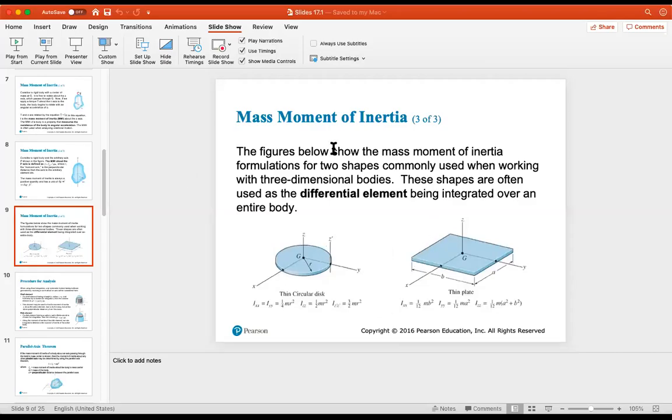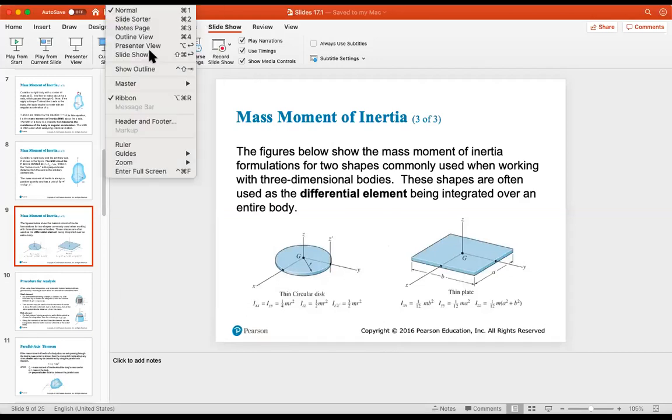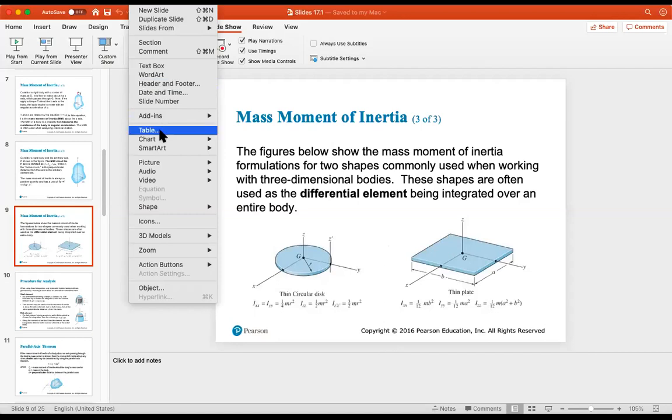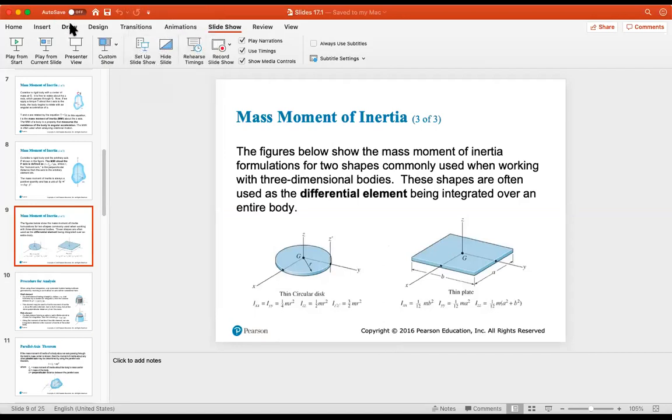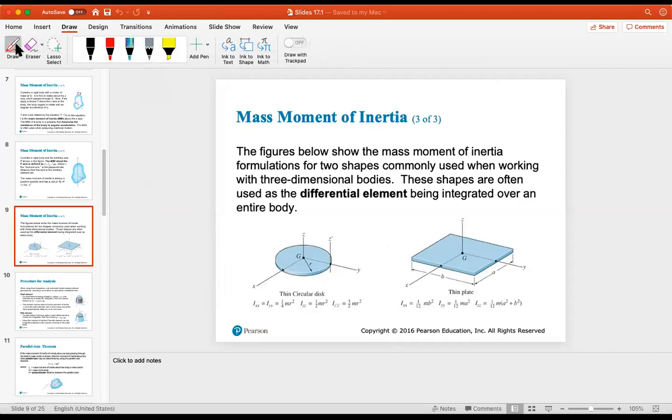The moment of inertia of a rod about its center: if my axis of rotation was running through the center of the rod and it was rotating around the center, then it would have a moment of inertia of 1/12 the mass times the total length of the rod squared.